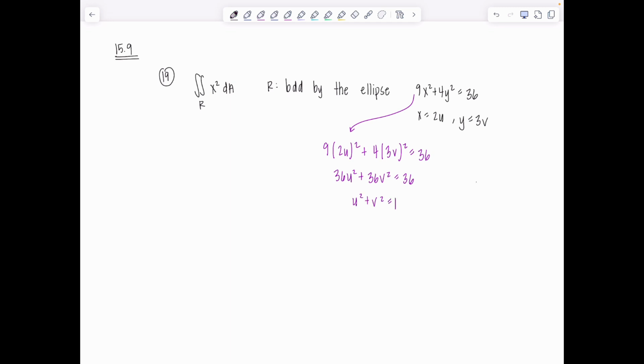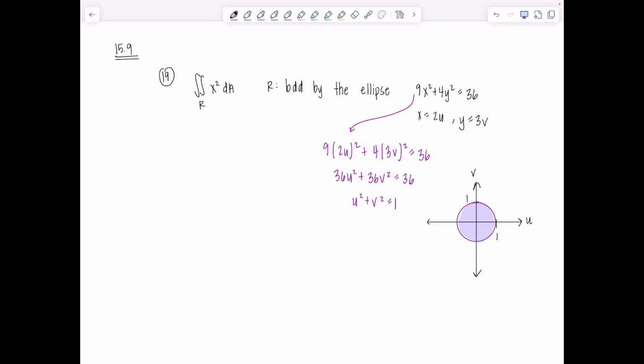So this is our region S now in the UV plane. It's just a good old unit circle. Radius is 1. Good? So, let's set up.